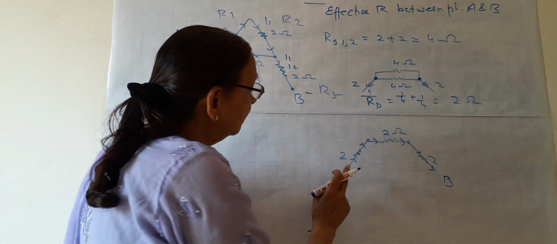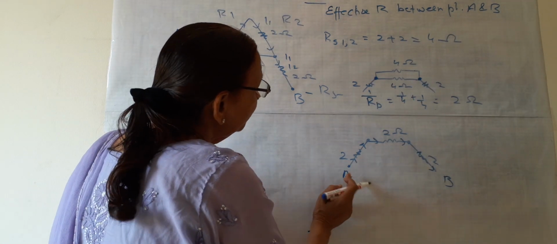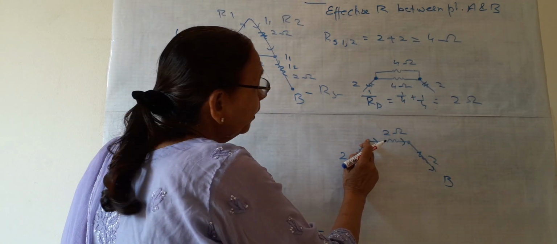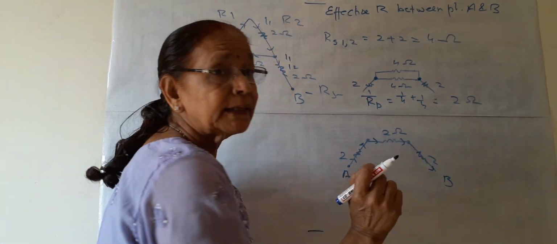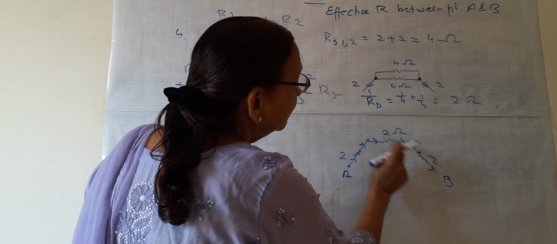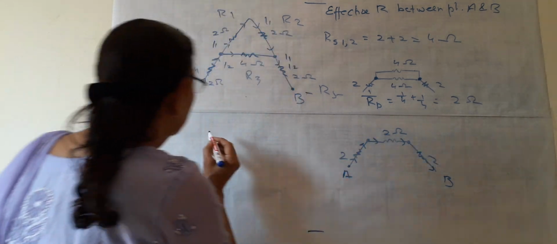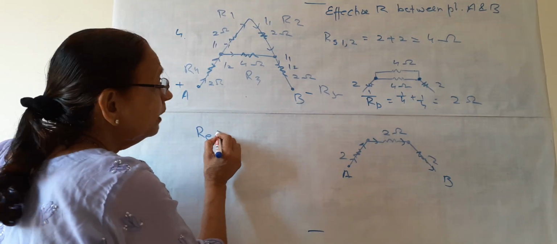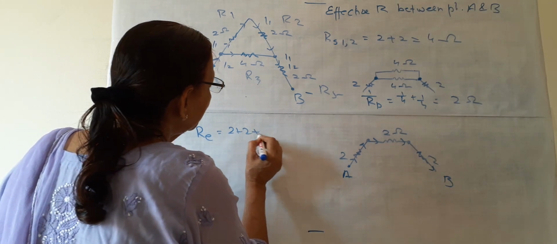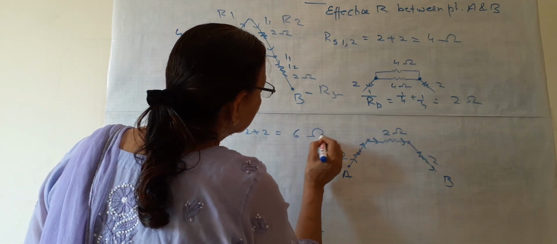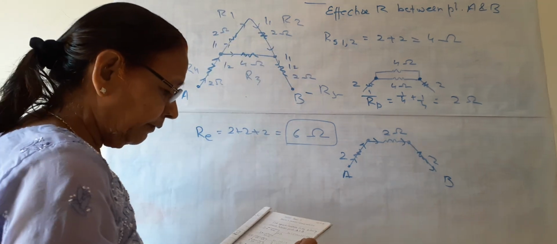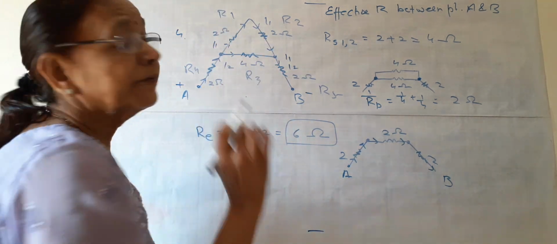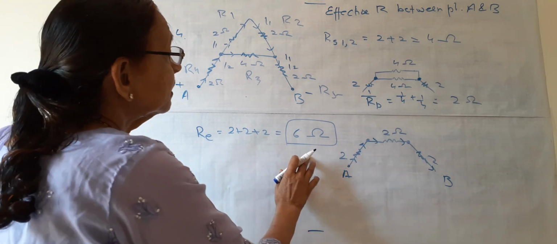No two roads are there. This current I is going to this point, turns around, then turns back, but the same road is there. It means these three are in series. So now the total is 2 plus 2 plus 2 is equal to 6 ohm. So the total effective resistance of this circuit is 6 ohm.